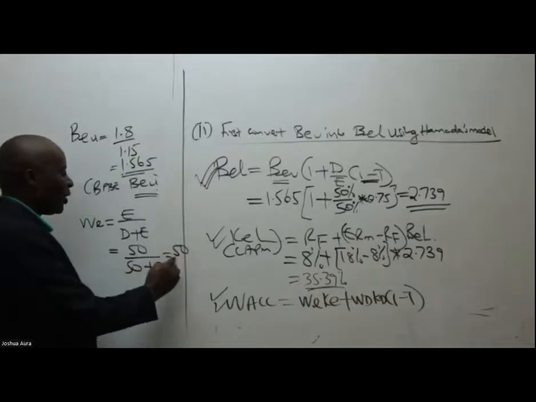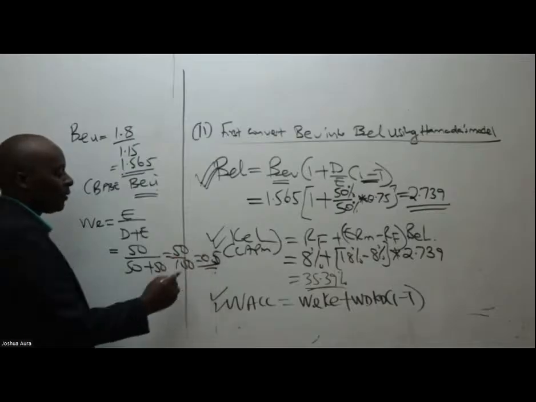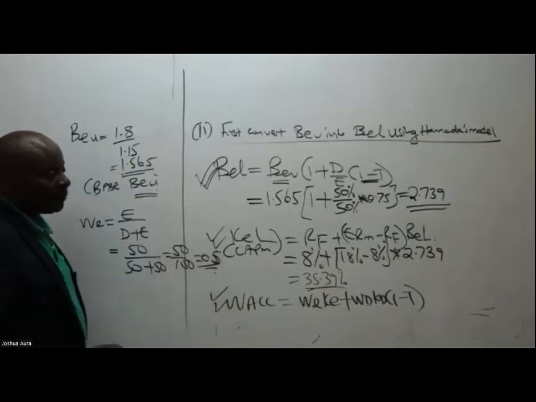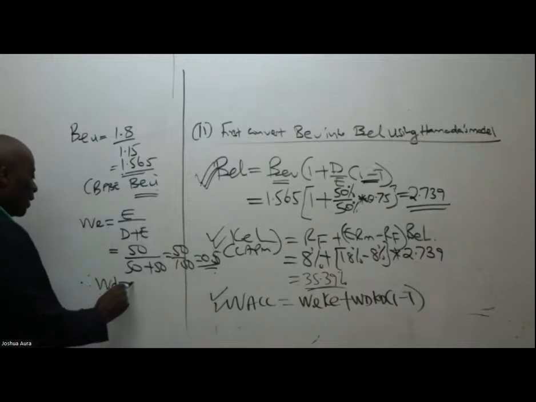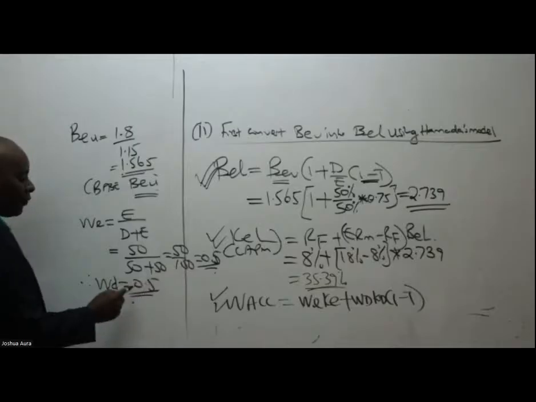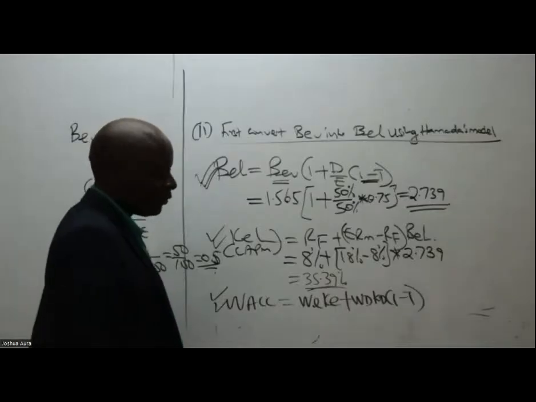So this will be 50 over 100, which is 0.5. And the moment I've gotten the weight of equity, the weight of debt will also be 0.5.